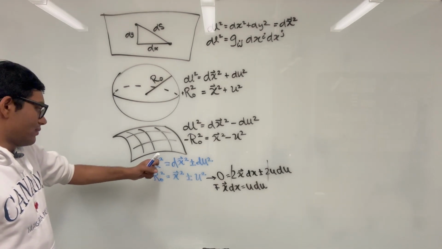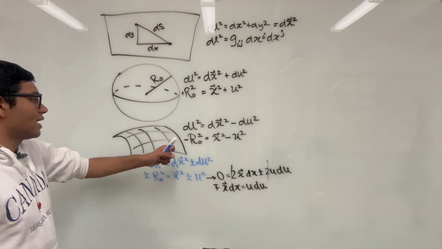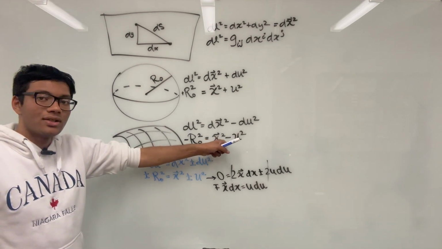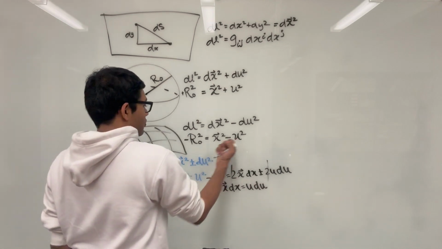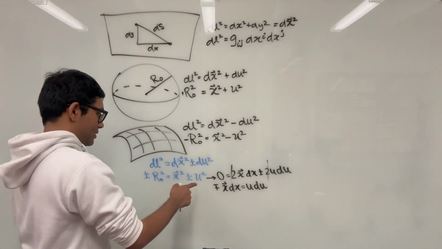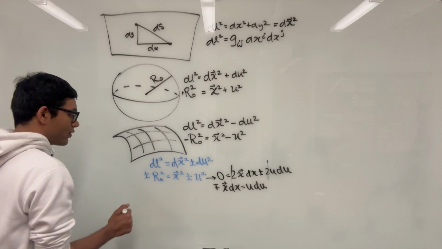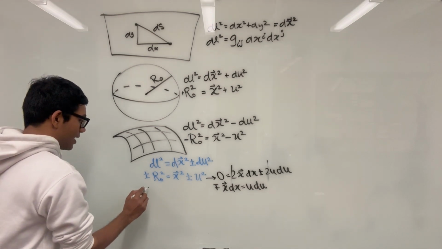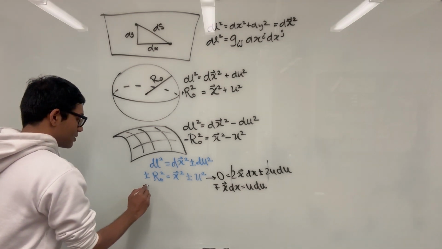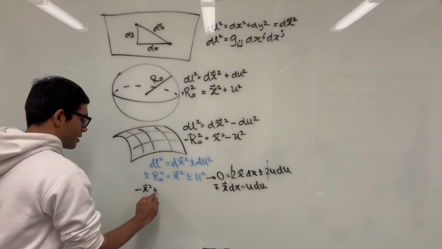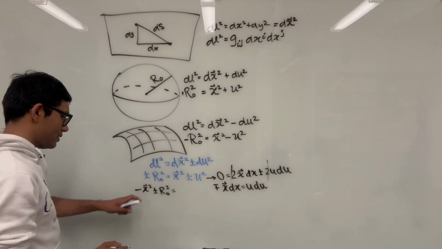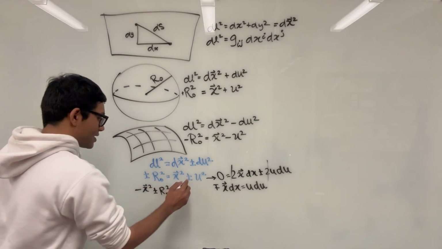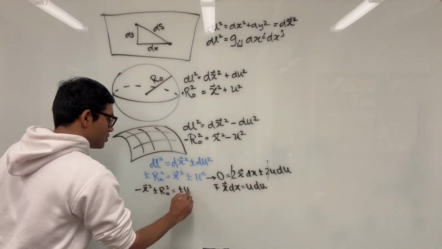Can we take out this u? Let's see. I've got this condition on u. So maybe if I solve for u here, we can get something. Okay, let's solve for u here. So I'm going to have minus x squared plus minus r naught squared is equal to, let's see, I've brought this over to the left side, I've got plus minus u squared.